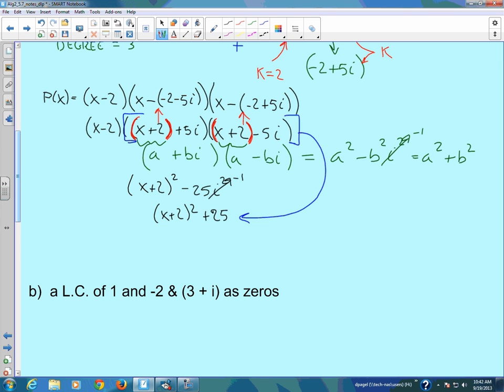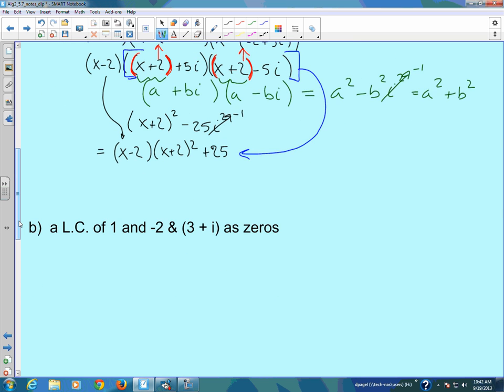And I still have out front my x minus 2 part of this polynomial. That's just right there. Then we can see that I've got x plus 2 quantity squared that we can simplify. So I get x minus 2, and then this becomes x squared plus 4x plus 4 plus 25. x minus 2 times x squared plus 4x plus 29.